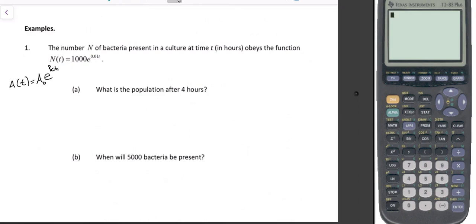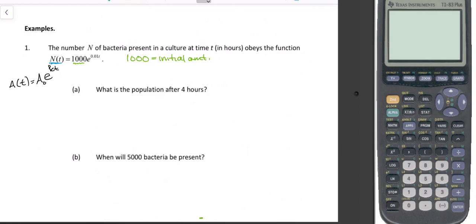So let's just identify what we've been provided in this n of t formula. So of course, n of t would be our final amount. Our initial amount is the number in front of the e. It's the coefficient of e. So we know that the 1,000 is representing our initial amount of bacteria that we're starting with.